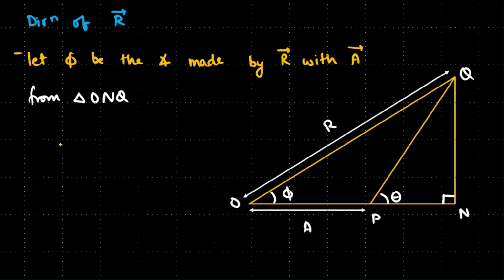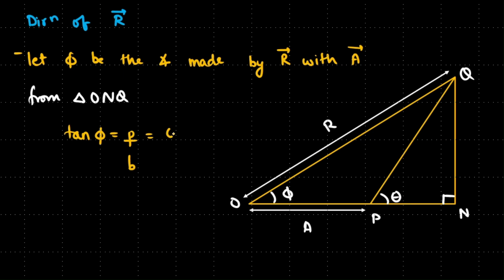So now let's use tan phi. So tan or tangent phi is p by b, which means perpendicular by base. So the perpendicular over here, which is not connected to the angle, will be QN.